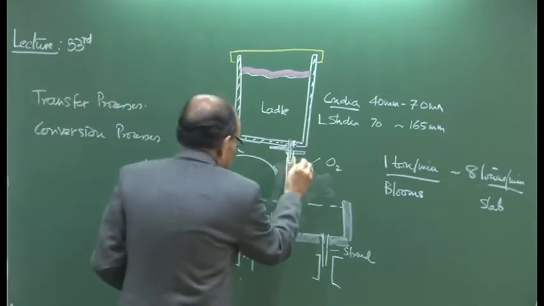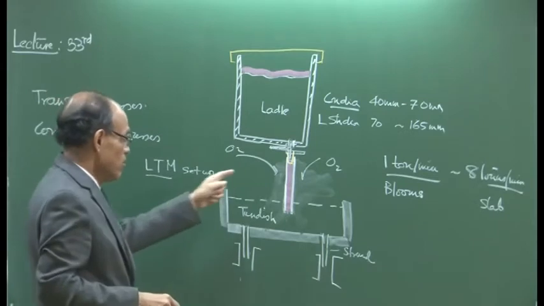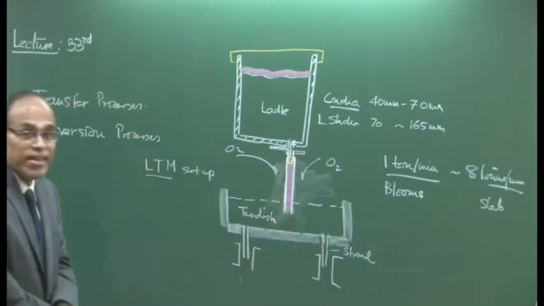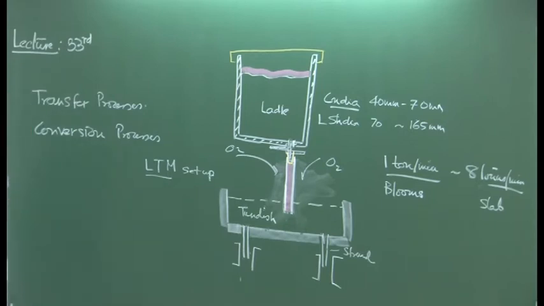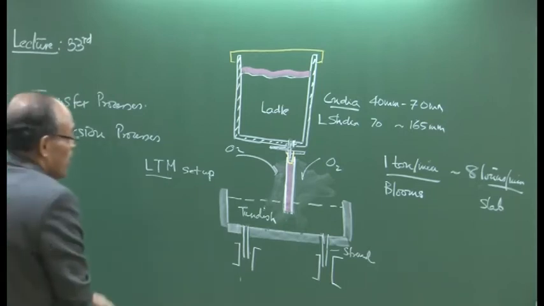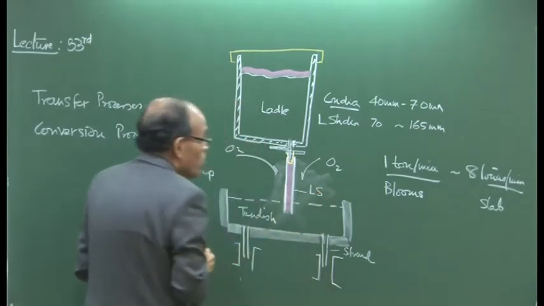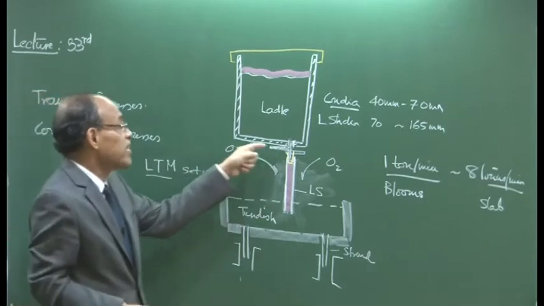So, the air can get in depending on how perfect the sealing is, and as I have indicated, the sealing between the collector nozzle and ladle shroud is rarely foolproof. Therefore, some amount of air ingression is going to take place.